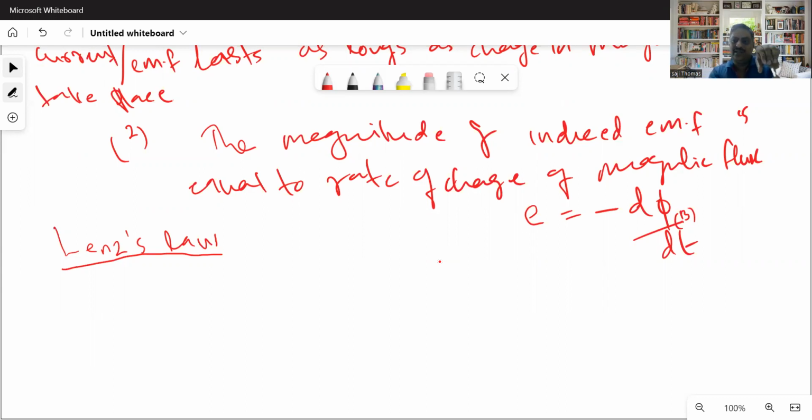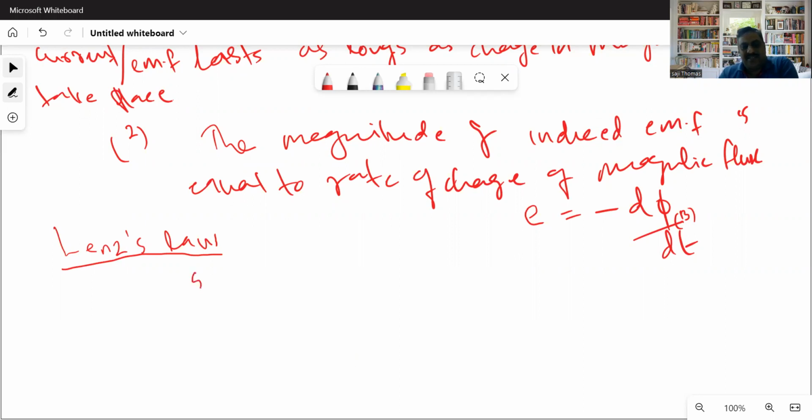When you are moving, magnetic flux through the coil increases. So induced EMF tries to decrease that flux. That is why it is repelled away. Okay, this is Lenz's law. So what is Lenz's law? Lenz's law states that the induced EMF flows in such a way that it always opposes the cause which produced it, right?